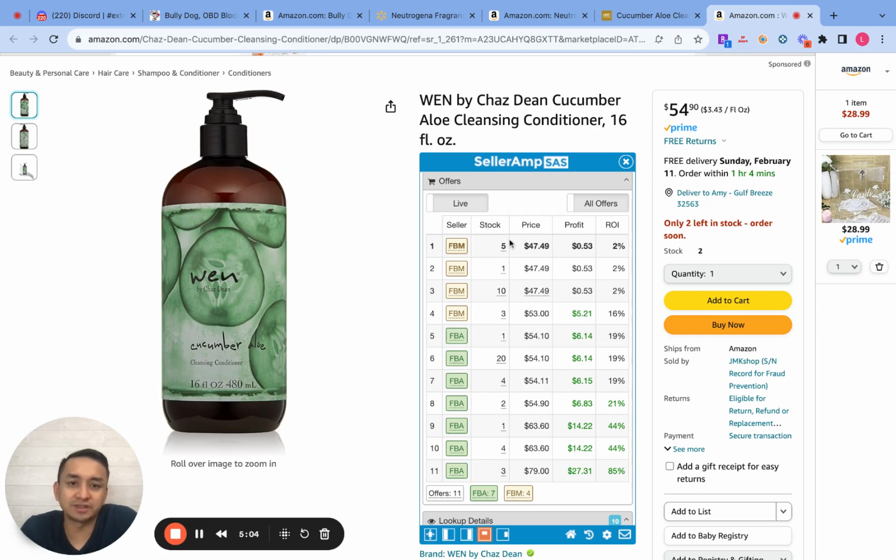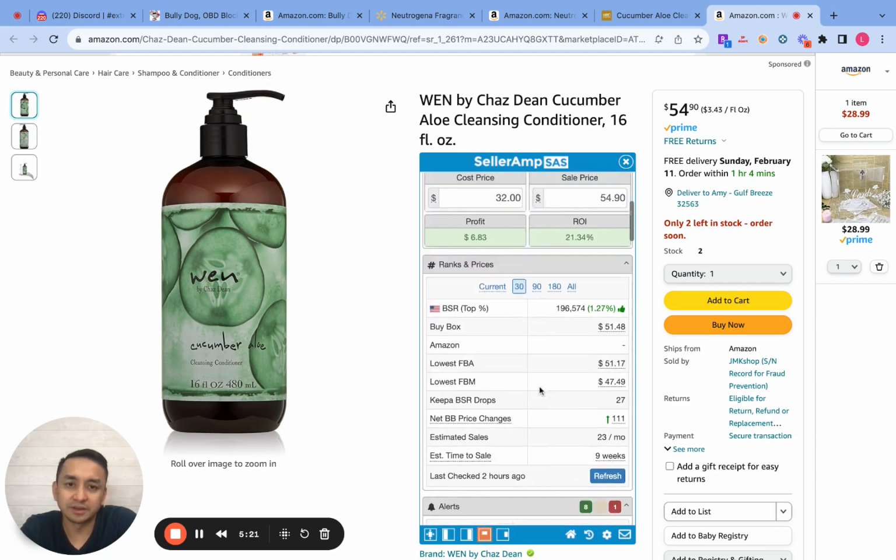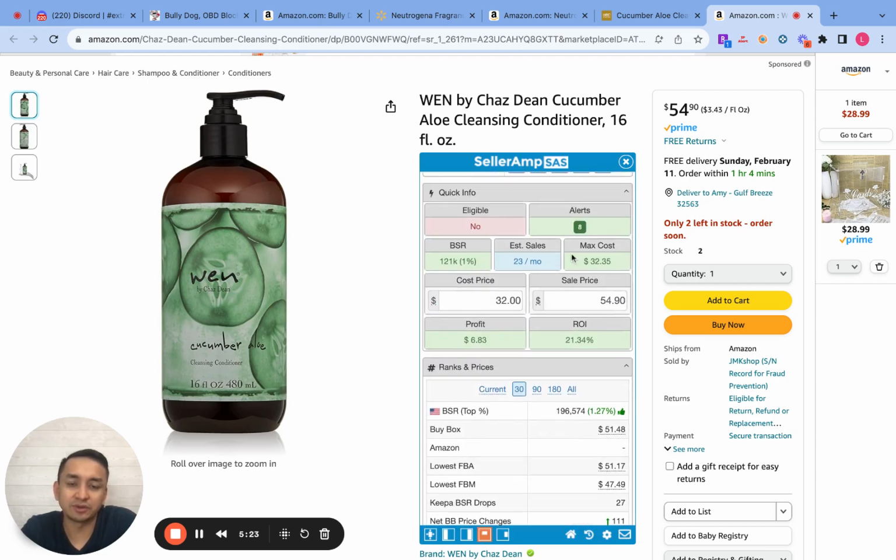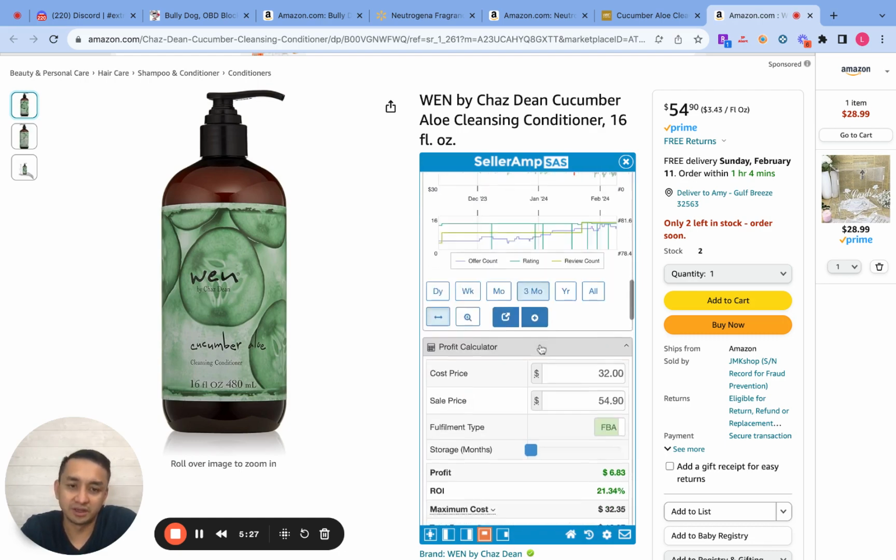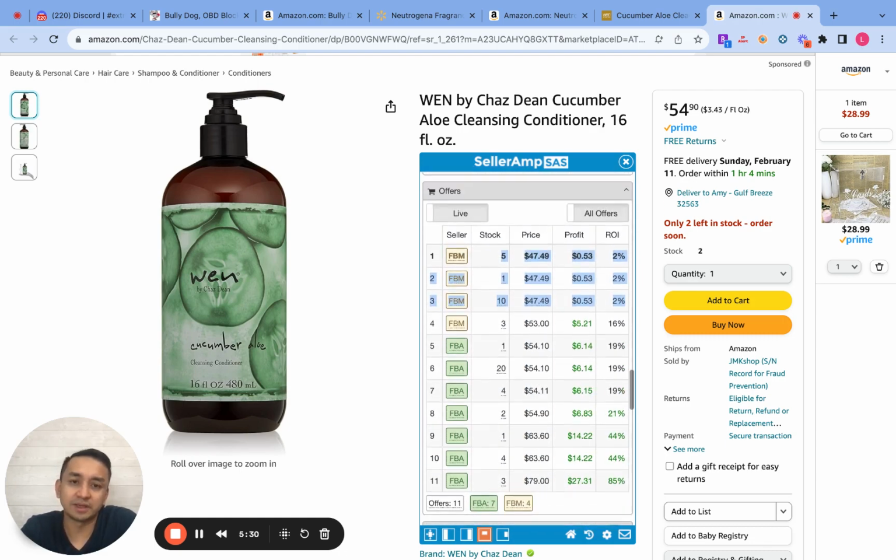The only concern with this is that the first 3 sellers are pricing it really low, so it's going to give you a low ROI. But then again, the buy box is currently at 54, right? This one also doesn't have a lot of sales volume, only 23 sales a month. So yeah, this was a tough one.